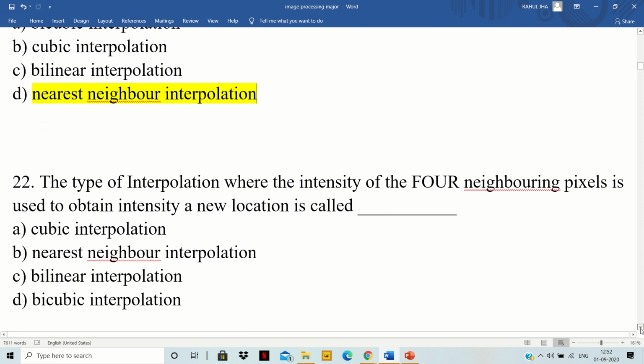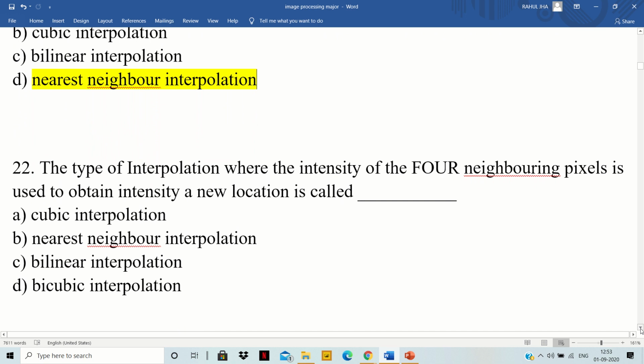Next question. The type of interpolation where the intensity of the four neighboring pixels is used to obtain the intensity of a new location is called?